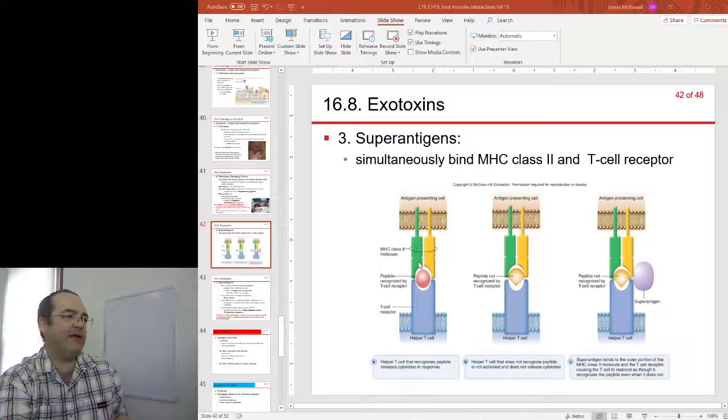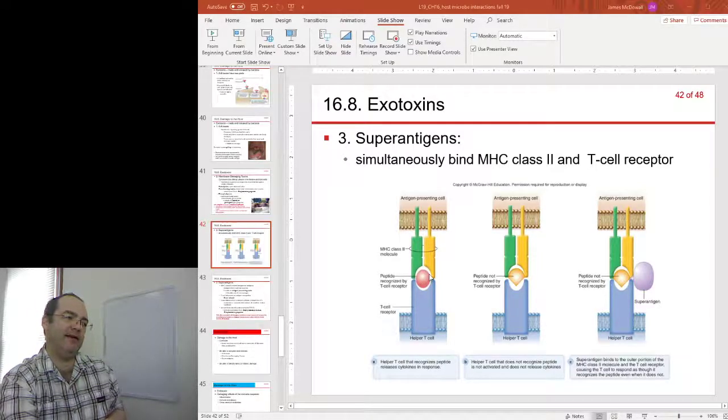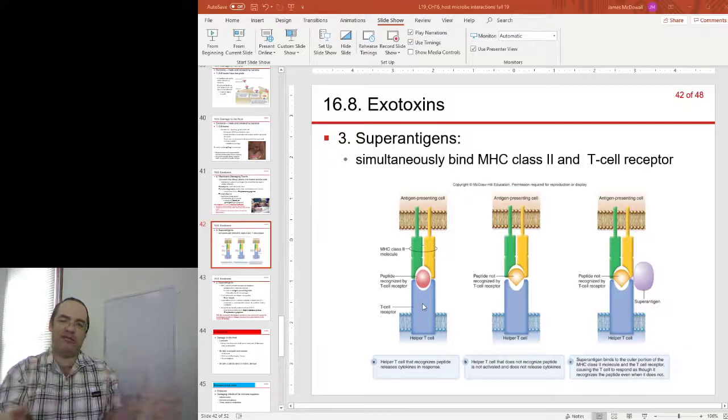So here we have an antigen-presenting cell presenting an antigen, the red blob. It's a peptide, a piece of a protein, and in this case we have the T cell receptor, and the T cell is stimulated by the antigen because this is an antigen that the immune system has seen before, and it's been categorized as being harmful.